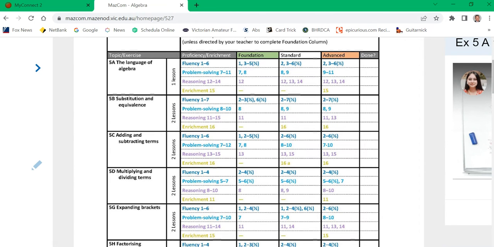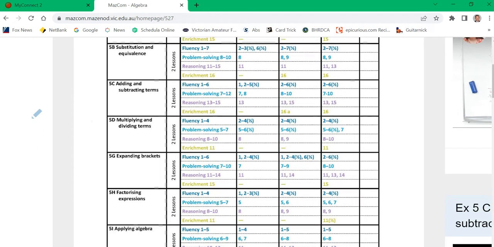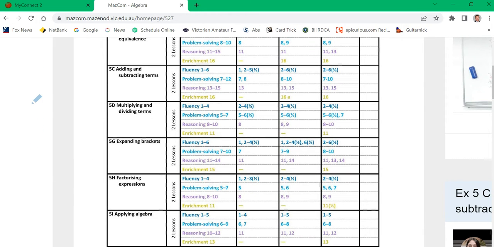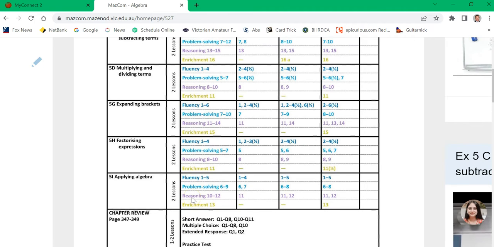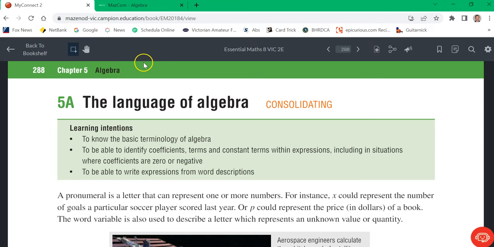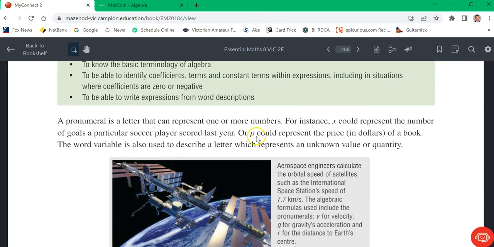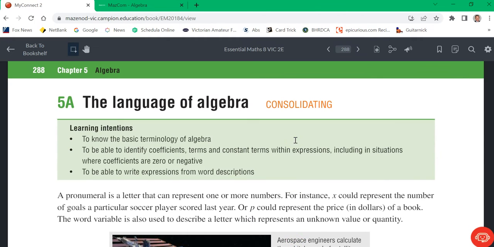This morning I want you to go through 5A, 5B, 5C and 5D. We've also done expanding brackets and we want to have a look at factorising expressions. We've had a bit of a look at that, and then applying algebra. So this morning, what you need to be doing is just revising, going through the textbook, The Language of Algebra.